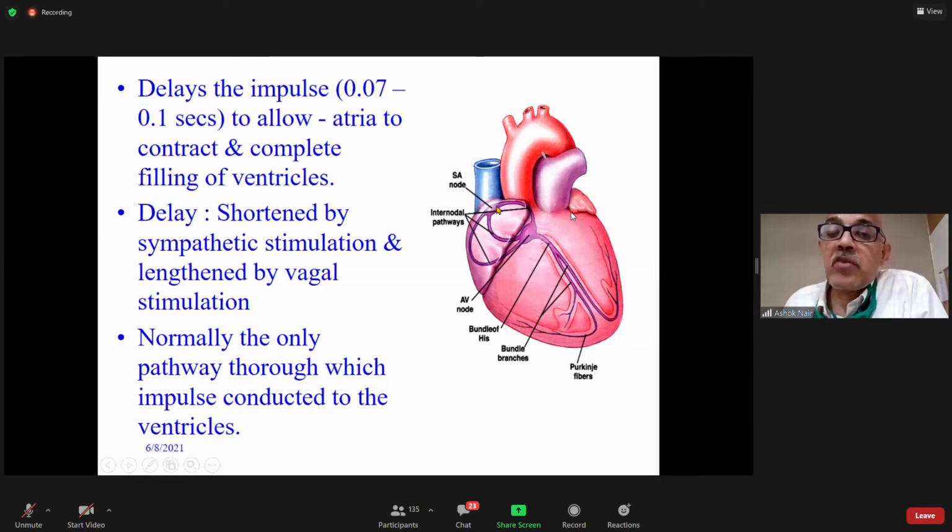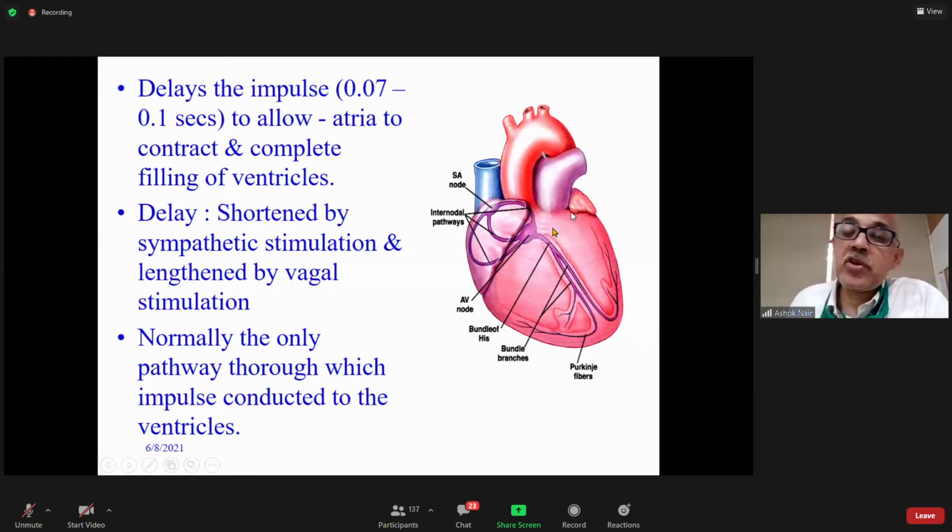The impulse from the SA node passes through the internodal pathways, reaches the AV junction, then goes to the bundle of His, bundle branches, Purkinje fibers, and will reach the ventricles. In a normal individual, this is the only pathway. In some individuals, an additional pathway might be there, called Kent branches, but it's a congenital condition.